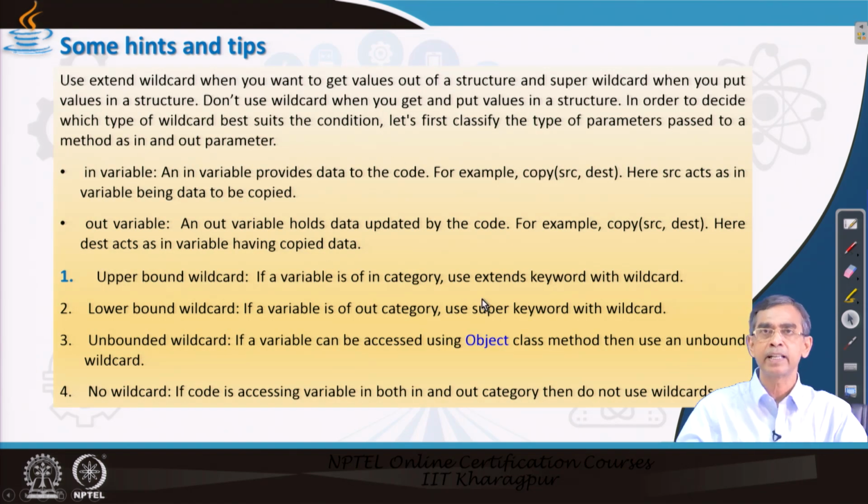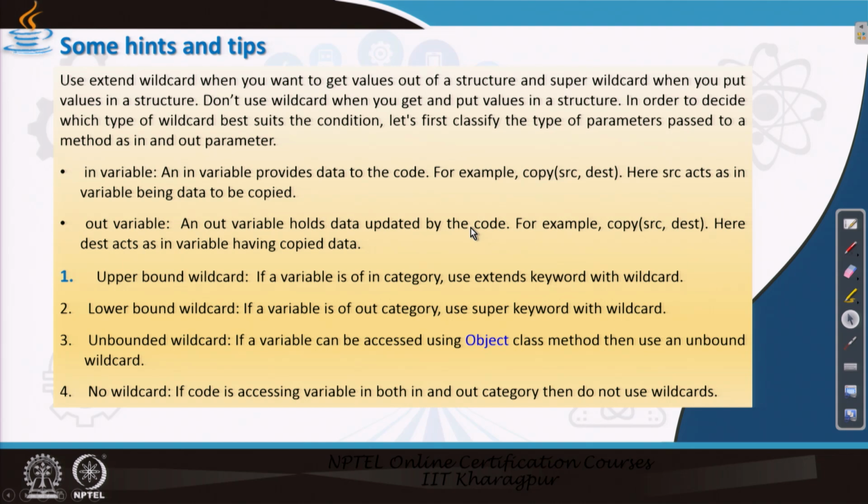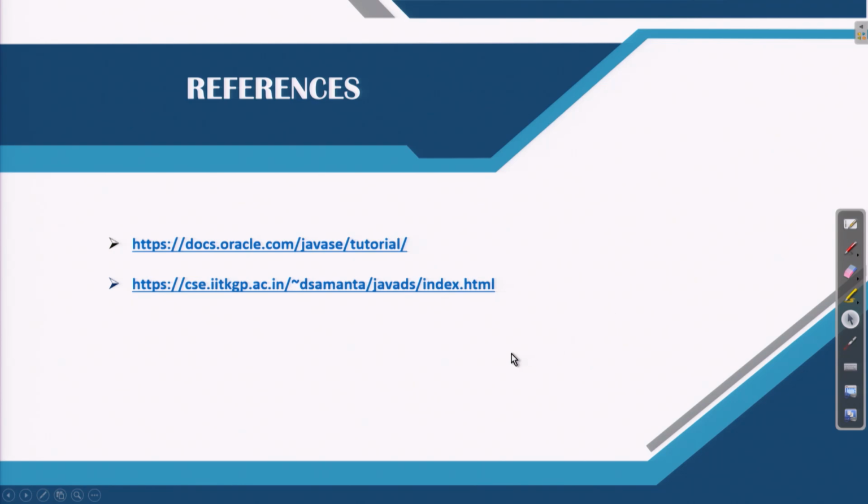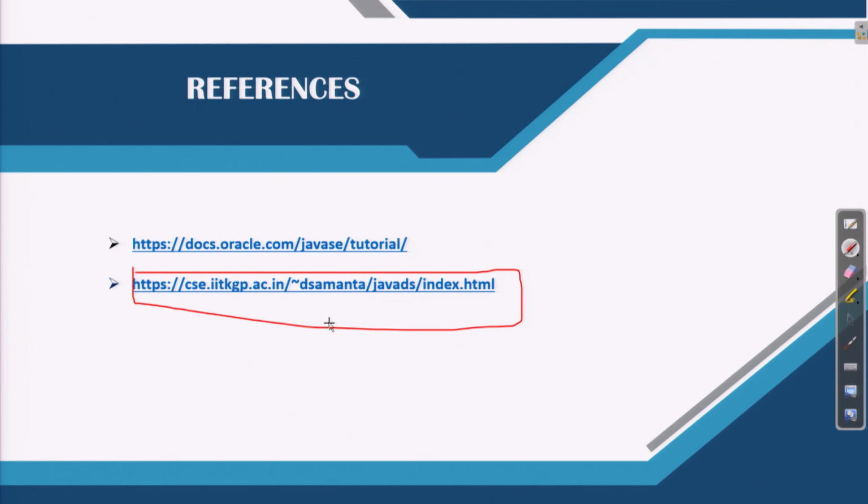There are some hints and tips you can go through and have a clear understanding of it, and more about the concepts that we have discussed in the topic generic programming. You can get detailed material there. All programs that have been used in these video lectures, you can find there, and also good documentation about each type of concept.